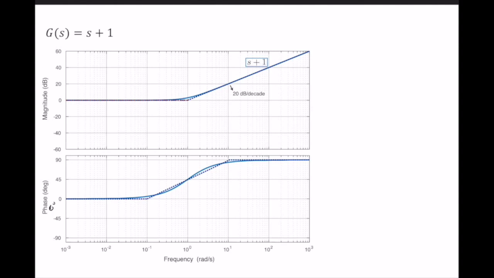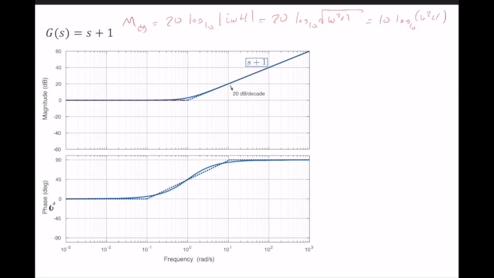First start with the magnitude, and dB is equal to 20 log 10 magnitude of j omega plus 1. Okay, this is equal to 20 log 10 square root of omega square plus 1. Because it's logarithmic scale, I can write it in this form, 10 log 10 of omega square plus 1.